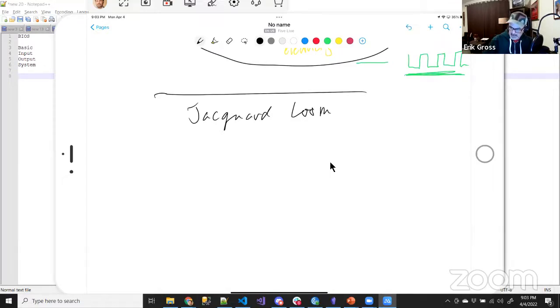And you would literally have up at the top of this big structure, a bunch of needles, each one of which was connected to a spool of different colored thread. There's the spools, and the needles could come out of them.